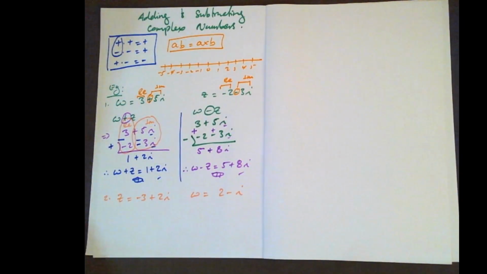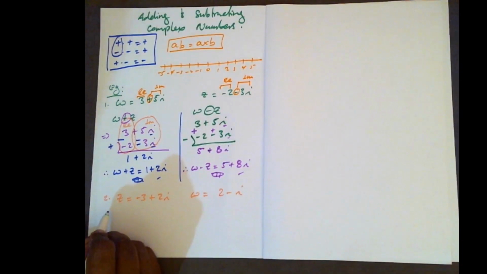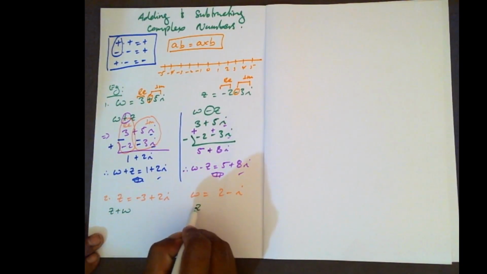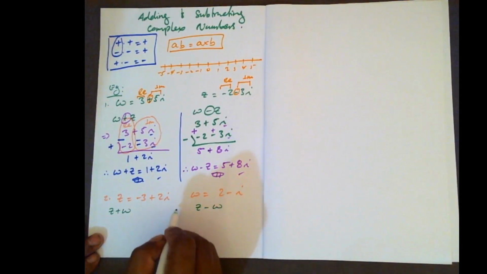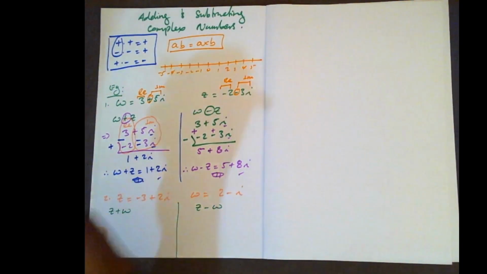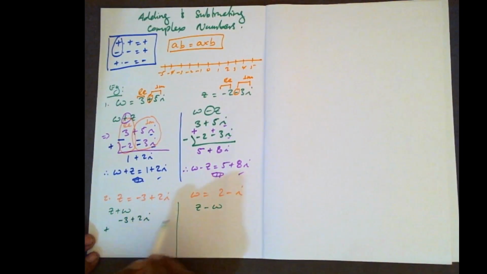We are going to calculate what is z plus omega and z minus omega. So same process, same concept. What is our z? Our z is minus 3 plus 2i, and plus, what is our omega? Our omega is 2 minus i.